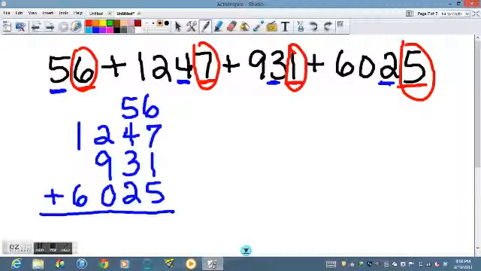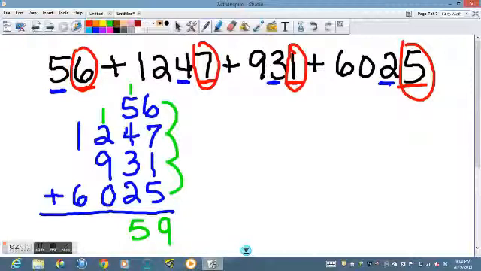Well, first we're going to say 6 plus 7 is 13. We're going to keep that in our mind. Plus 1 is 14. Plus 5 is 19. We write down the 9 and carry the 1. Alright, the next we're going to add the 1 plus 5, which is 6, plus 4 is 10, plus 3 is 13, plus 2 is 15. Write down the 5, carry a 1.